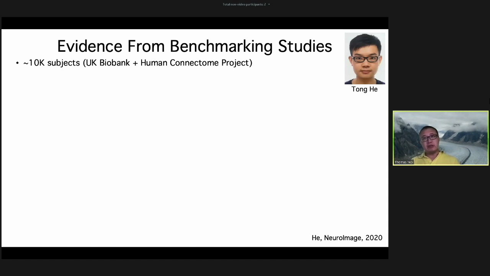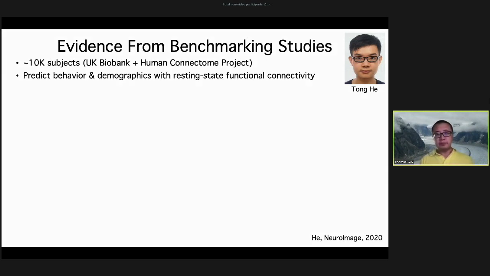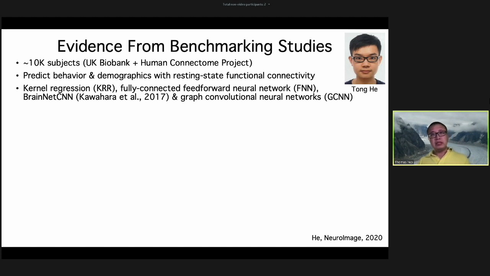In a recent study from my lab, my student He Tong utilized about 10,000 subjects from the UK Biobank and the Human Connectome Project. He used resting state functional connectivity to predict a wide range of behavioral and demographics measures. He compared kernel ridge regression and 3 deep neural networks: fully connected feed-forward neural network, BrainNetCNN, and graph convolutional neural networks.